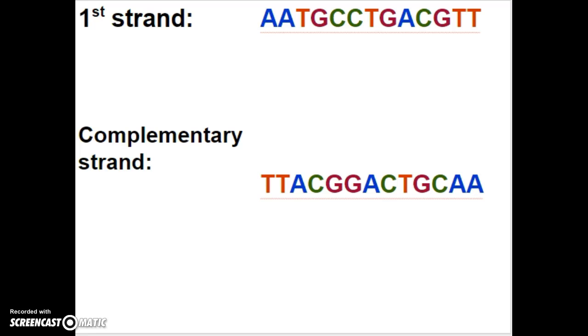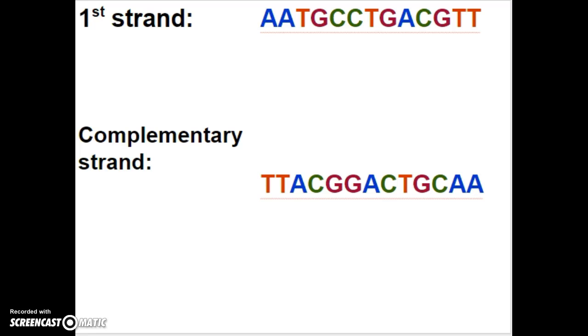So you can see here, A always pairs with T, and G always pairs with C. It makes no difference which side of the molecule these nucleotides are on. They can be on one strand or on the complementary strand. It's always going to be the same pairing.